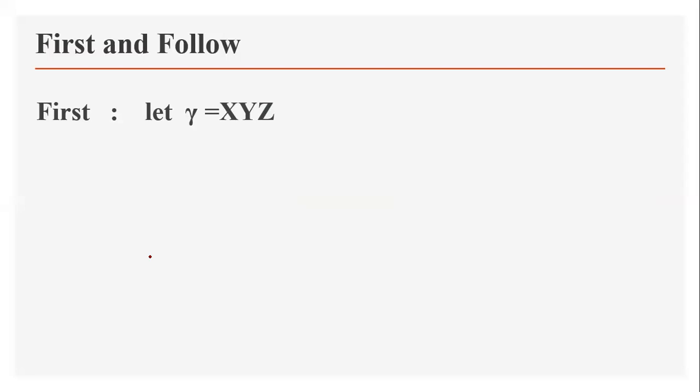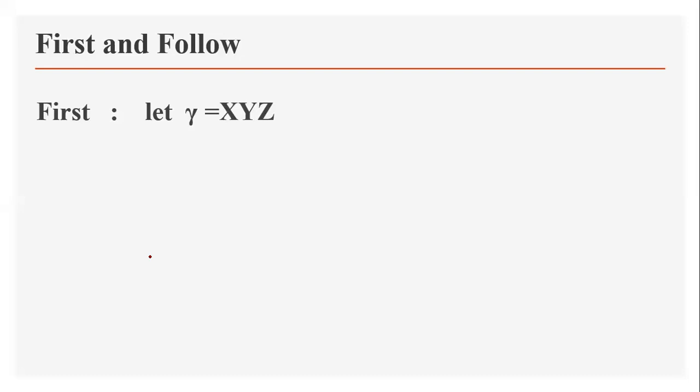For any given grammar, you can find first and follow. I am repeatedly telling that it does not belong to any approach. For any grammar, whether it is with left recursion, without left recursion, left factored or not, you can find first and follow. But why we are discussing it here, I will tell you later.